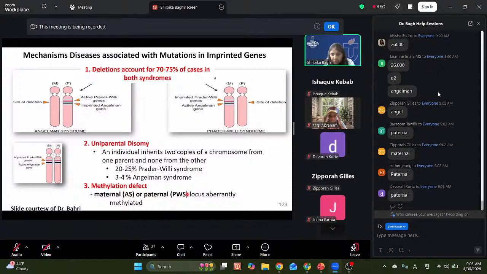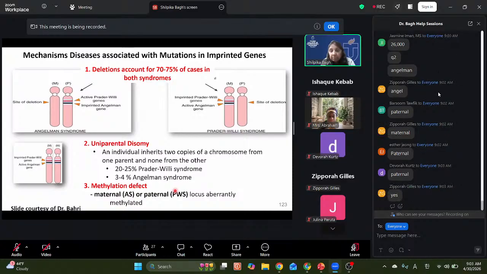Prader-Willi methylation, silencing, and deletion is paternal because naturally in Prader-Willi, paternal is intact and maternal is silenced, right? Yes or no? Or am I messing up? Yes, correct.